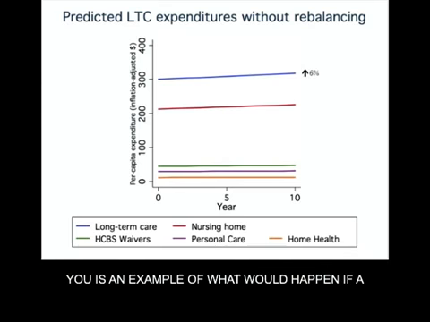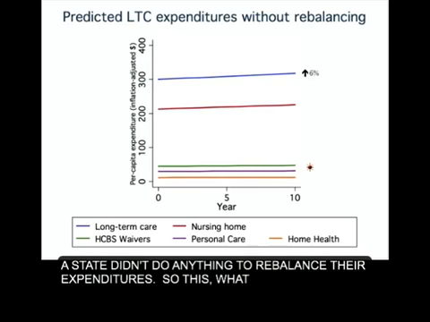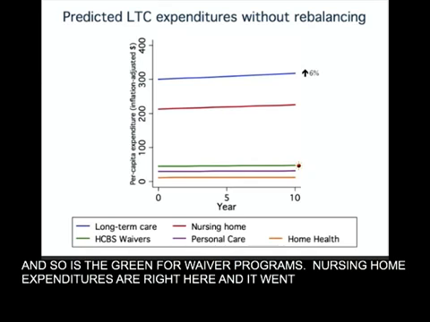And what I'm showing you is an example of what would happen if a state did not do anything to rebalance their expenditures. The orangey color here for home health is flat, so is the purple for personal care, so is the green for waiver programs.